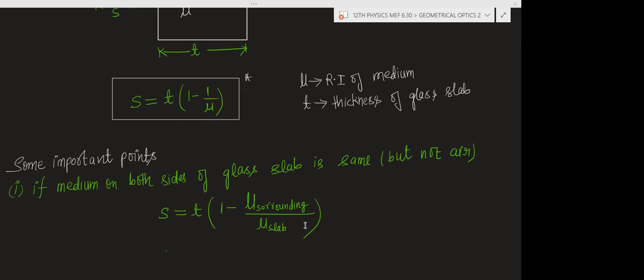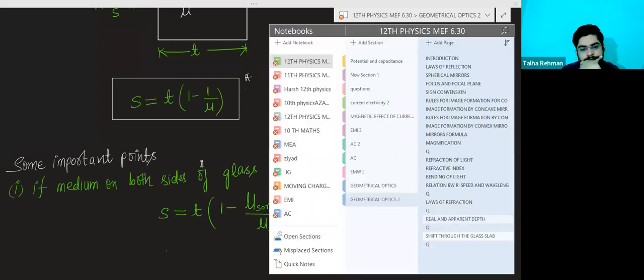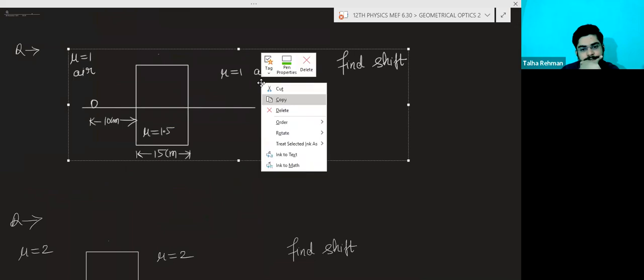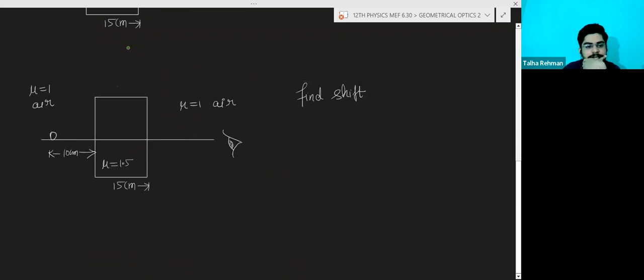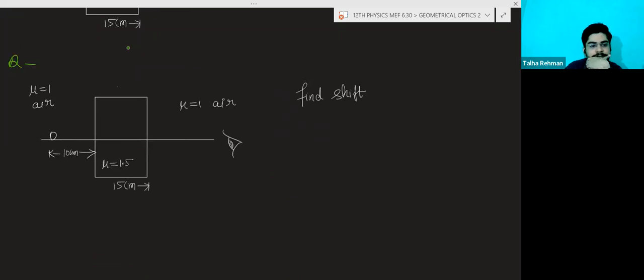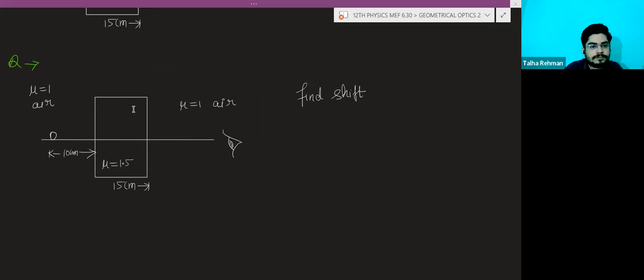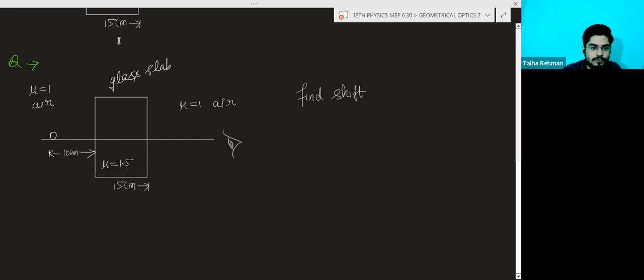Completed? Yes, sir. Okay. Now we'll solve questions. First question is this. Very easy question. Simply you have to apply the formula. In this question, they are saying that this is a glass slab, and both sides of the glass slab are air, and this is the object placed.